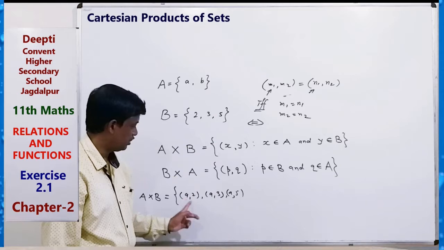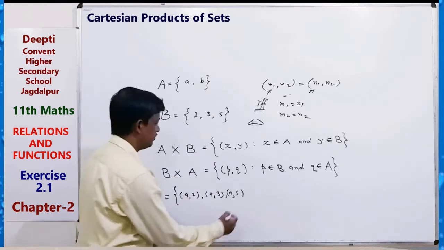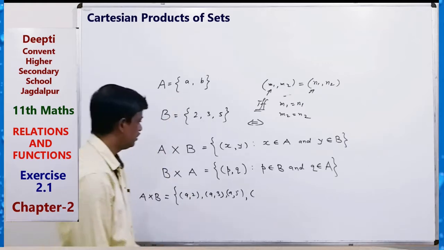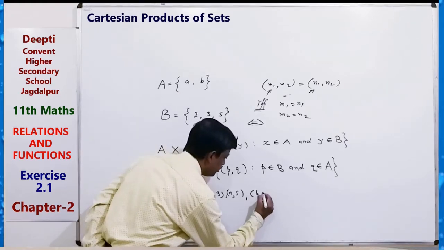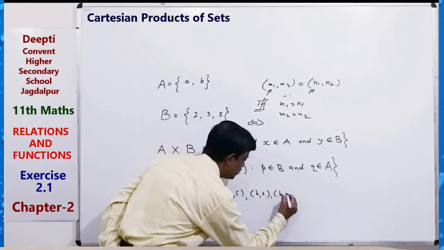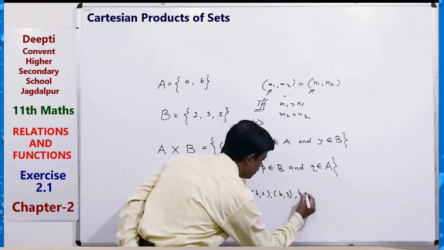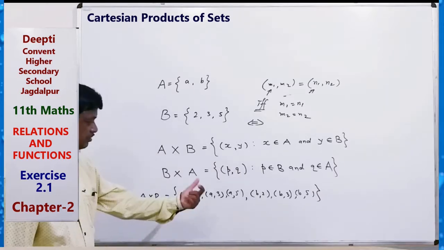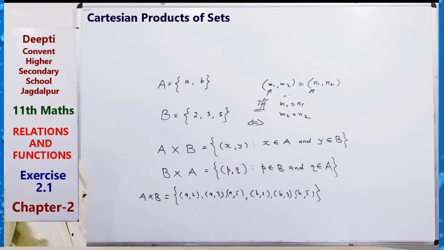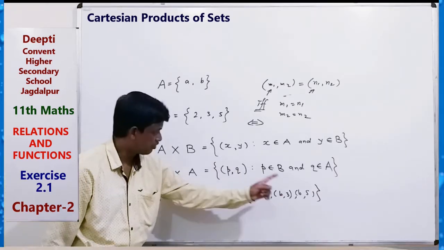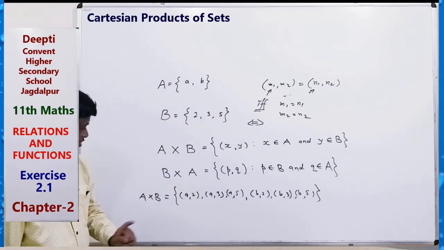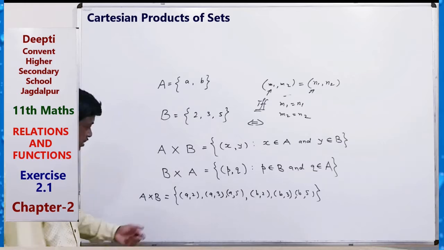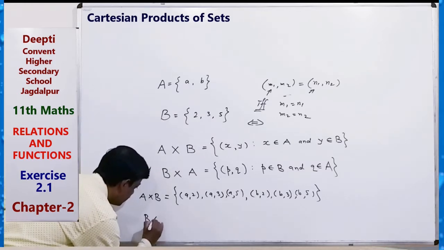Similarly (b,2), (b,3), (b,5). This is A cross B. All the first elements are from set A, all the second elements are from B.